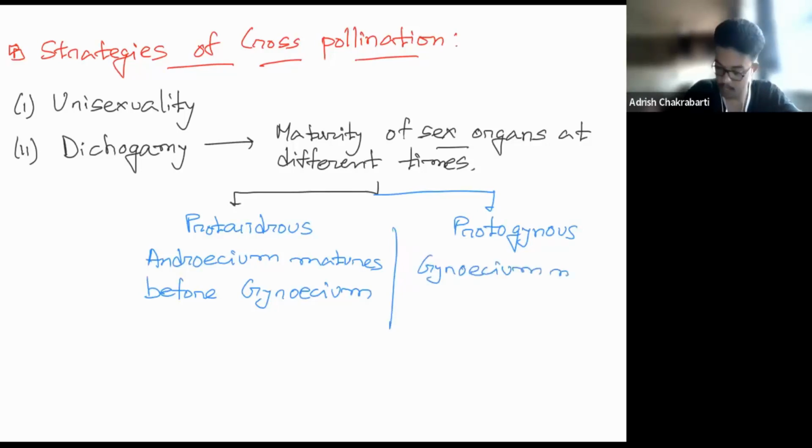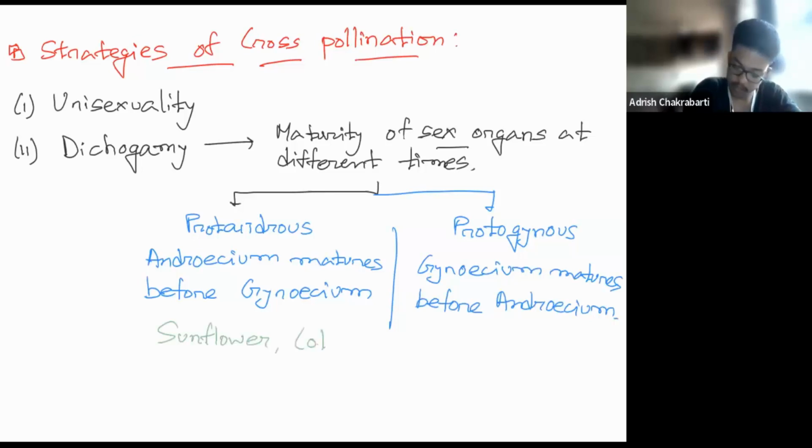The gynoecium matures before the androecium. You can take the examples. The examples of protoandrous include sunflower, cotton. The example of protogynous includes ficus.